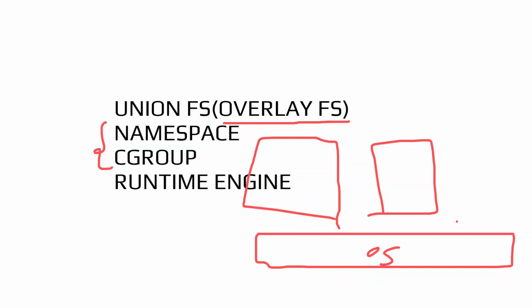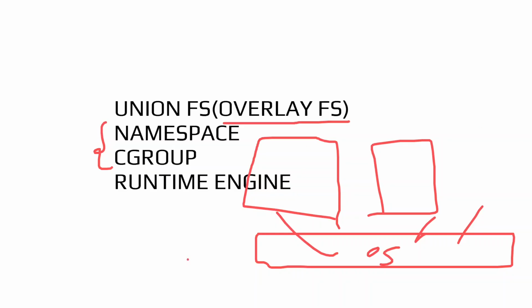Even though some containers share the operating system resources, the Linux kernel has this particular namespace feature, which will provide this isolation of resources, so that it can think that it has its own environment.